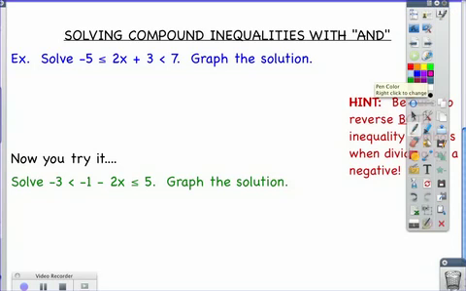Now I can divide each part by 2. And I get -4 is less than or equal to x, which is less than 2. I can graph this.